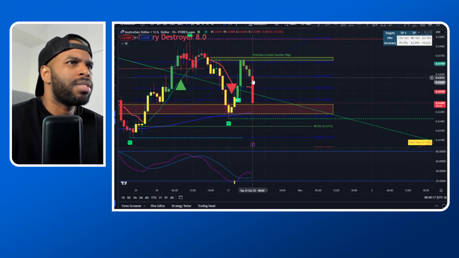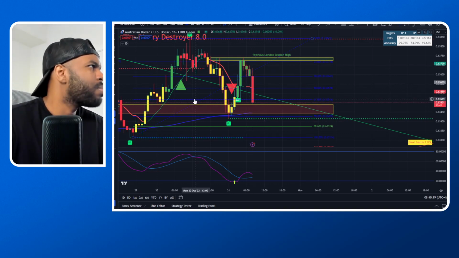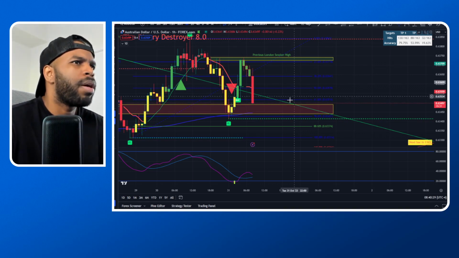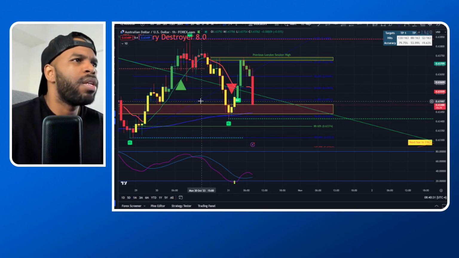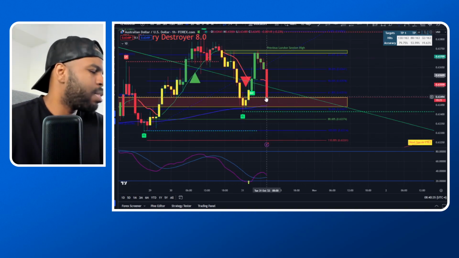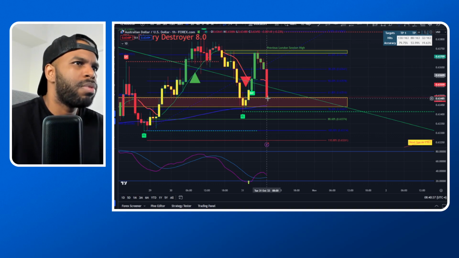So it looks like the USD is tanking right now, but we're still in the uptrend. So price could reject this level.